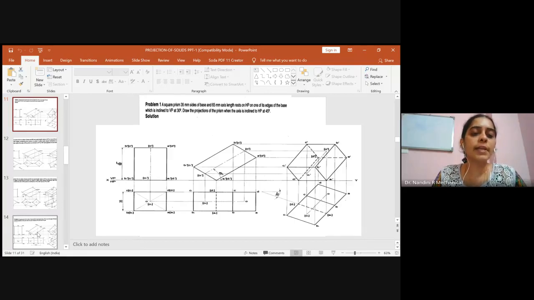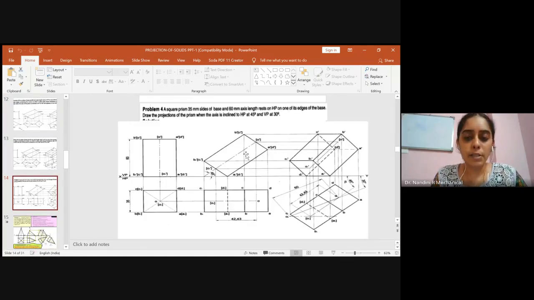But the same thing here, it is given in the problem. It is not the side inclination with respect to VP. It is the axis inclination with respect to VP in the third stage. Since it is axis inclination, the true length of the axis will not be equal to the apparent length of the axis what you get in the second stage, and hence we have to determine the apparent angle beta.